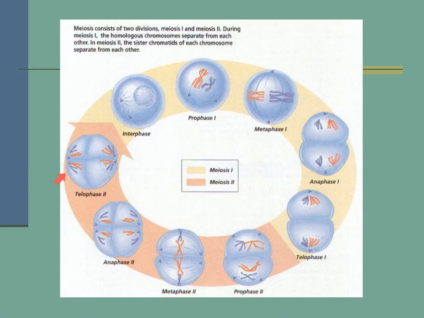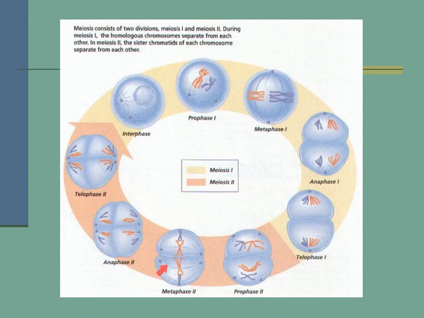Now the key thing for meiosis 2 is that the DNA is not duplicated, and so we do not have an interphase occurring. Now in prophase 2, the spindle fibers will form and begin to move the chromosome to the middle of the cell.